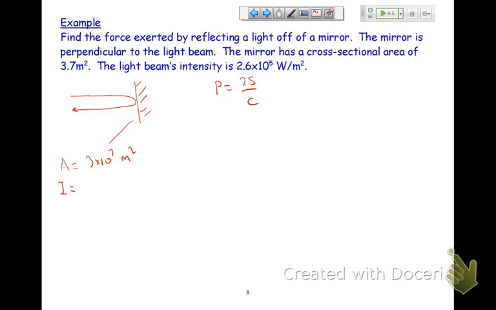And intensity, I know it's intensity because it's got watts per square meter. So I'm using the units to tell me what it is. Well, it says intensity there actually, but I'm really looking at the units. And that intensity equals the average Poynting vector, and that equals 2.6 times 10 to the 5 watts per meter squared.